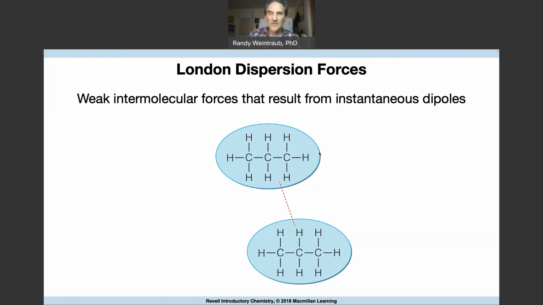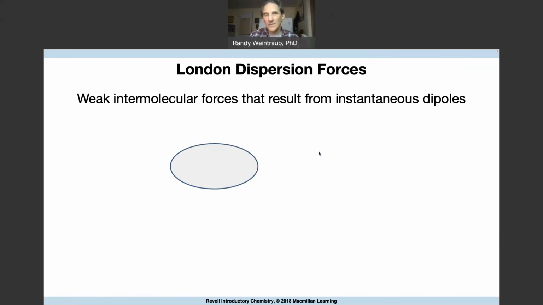London forces are related to dipole-dipole interactions, but much smaller in magnitude. Even though the electrons are evenly shared, they are constantly moving.